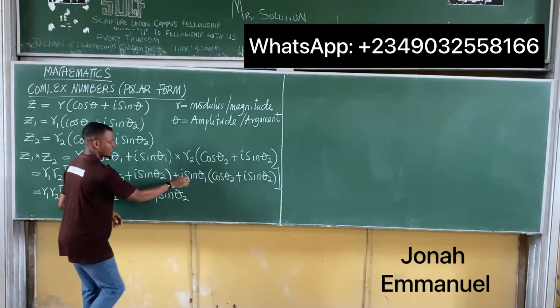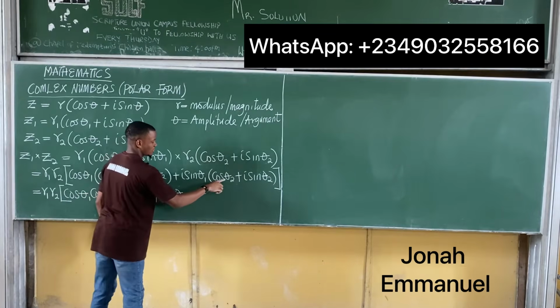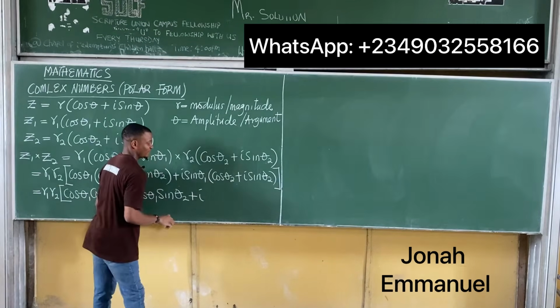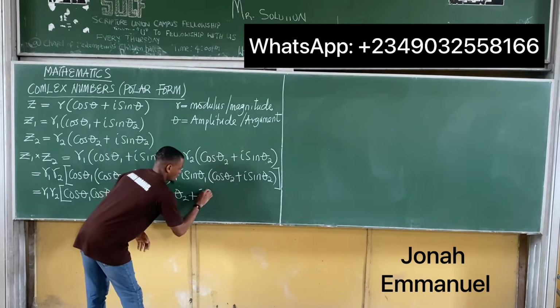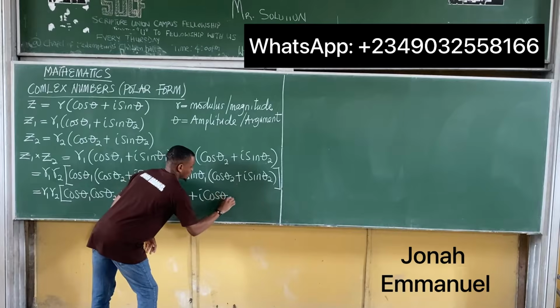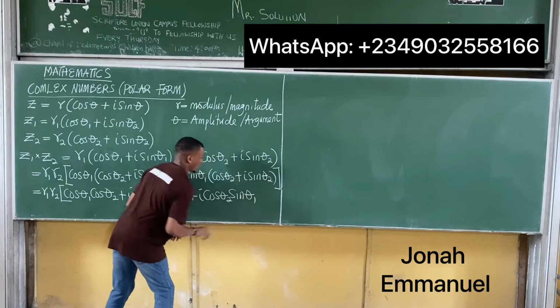Use this to expand this. So plus i sine theta 1 cos theta 2. I want to take cos before sine. It's the same thing whichever way, so you can choose to take sine before cos. The same thing. So cos theta 2 sine theta 1 plus.